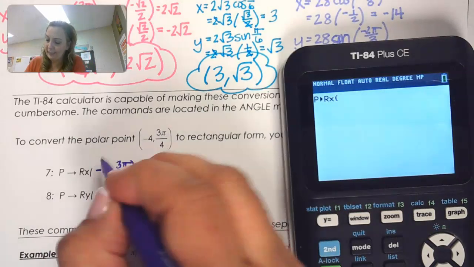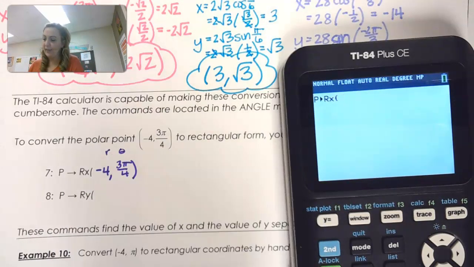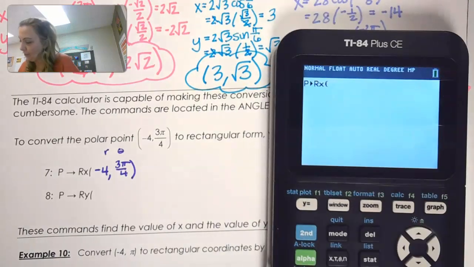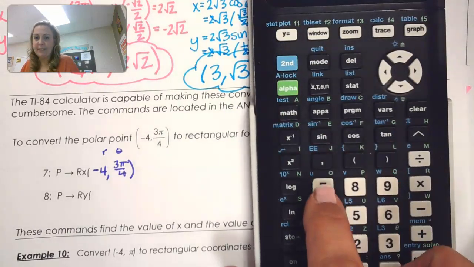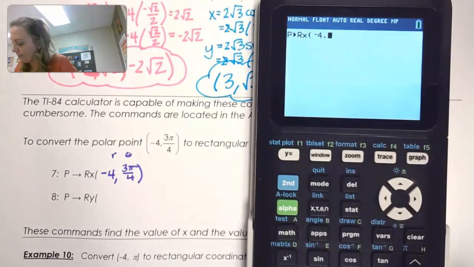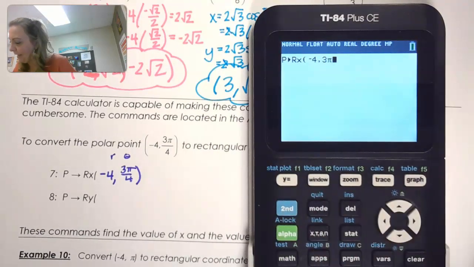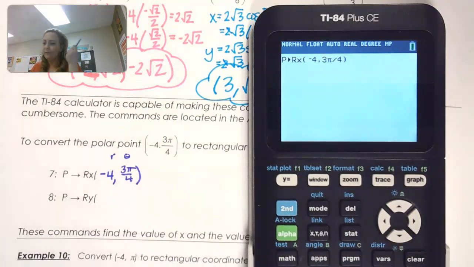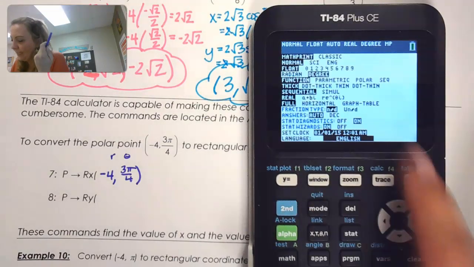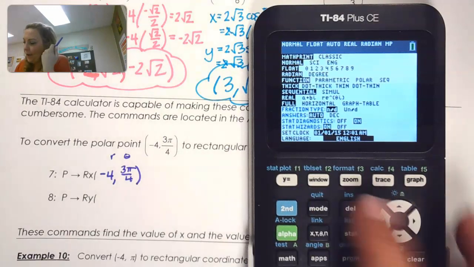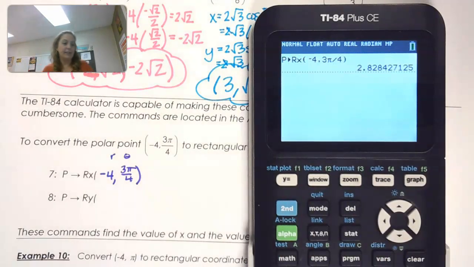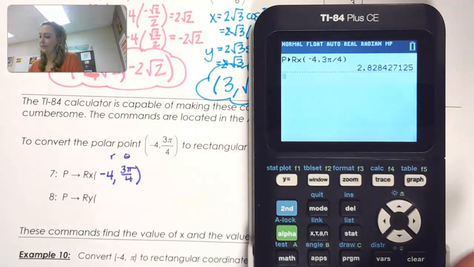So you have to put in your r and your theta. So I could do -4, and then the comma, you guys, is above the 7. So comma, and then 3π/4. Now before I press enter, I'm going to make sure I'm in radian mode, okay? And then if I press enter, it'll give us about what that value is, okay?